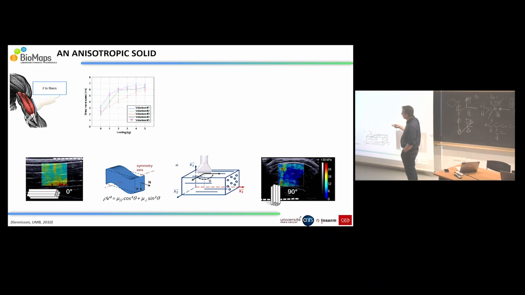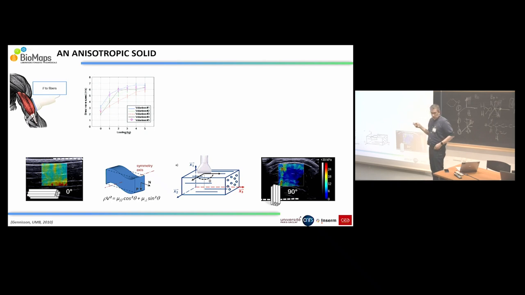So the shear wave will propagate along the fibers. The shear wave propagates always in the axis perpendicular to the axis of the radiation force. When I do that, if I increase the loading on the muscle, I will have a shear wave speed estimation that will increase with the contraction. Of course, you contract your muscle, it becomes harder, so you have an increase of the speed.